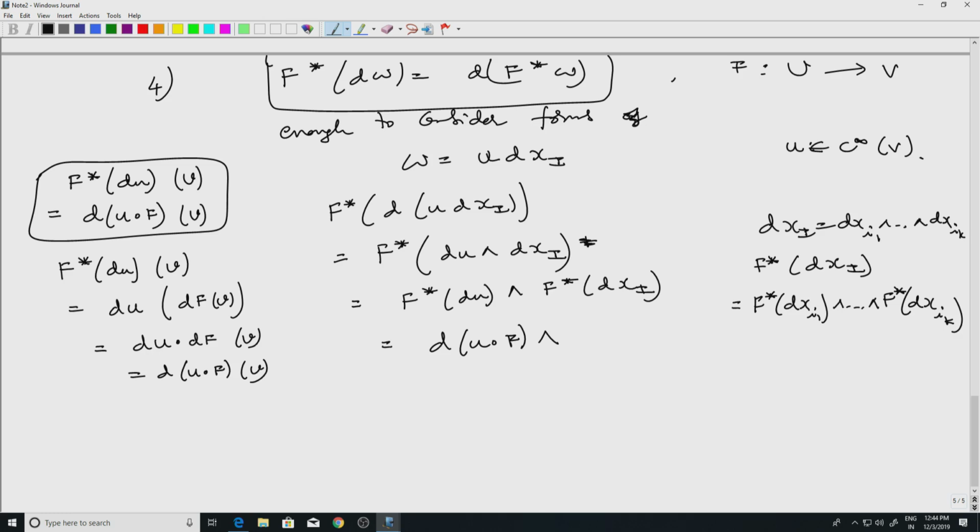So I'll have these things, and from what we just saw, this is the same as d of xi1 composed with f, and so on, up to d of xik composed with f.